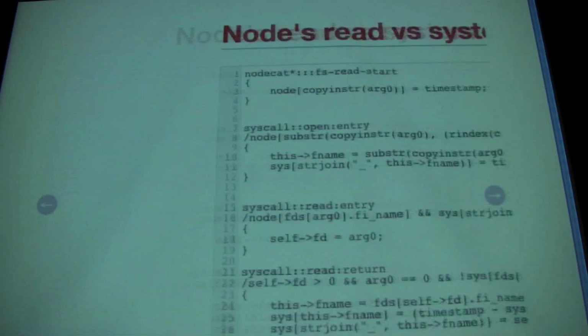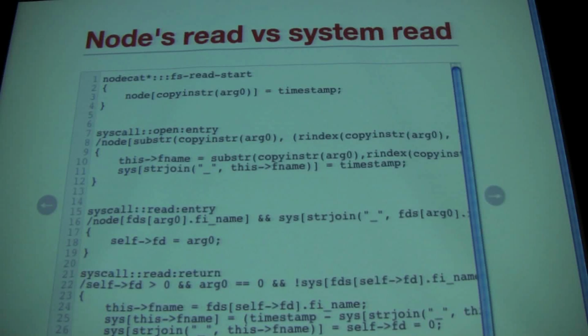So, the reason it was a good choice to make argument 0 the file name is because you can then piggyback on the syscall provider and diff the time that you're spending in Node, or effectively diff the time that Node thinks it's taking to read a file versus the time the system is taking to read a file.